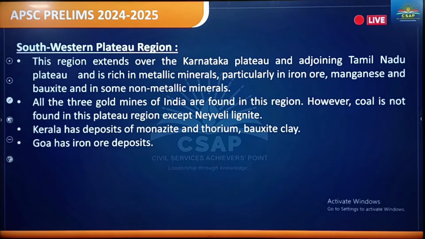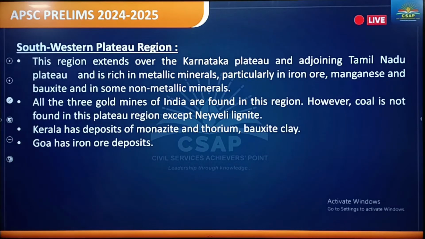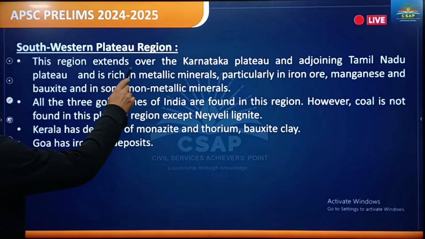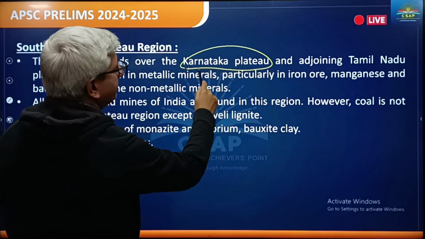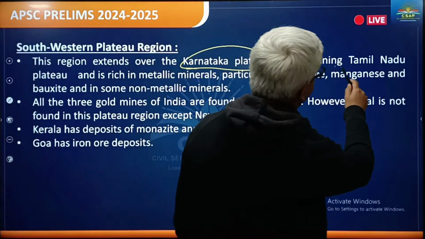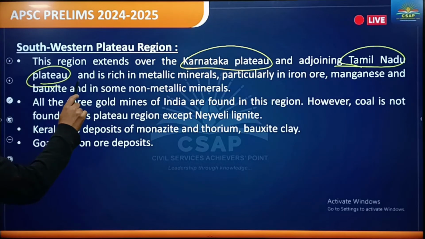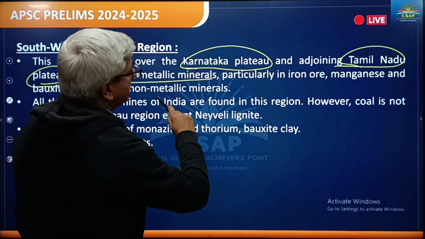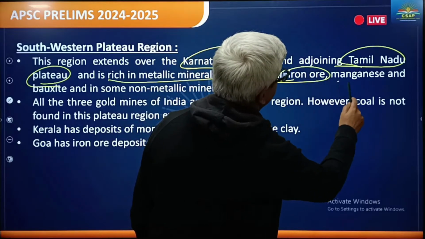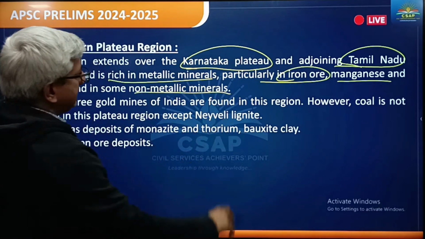So this is the southwestern plateau region. This is another one. This region extends over the Karnataka plateau, adjoining the Tamil Nadu plateau, and is rich in metallic minerals, particularly iron ore, manganese, and bauxite, and in some non-metallic minerals.